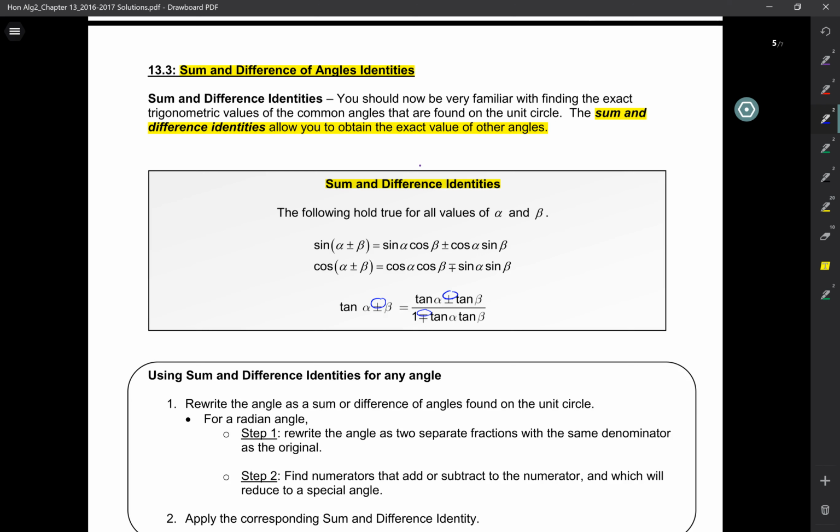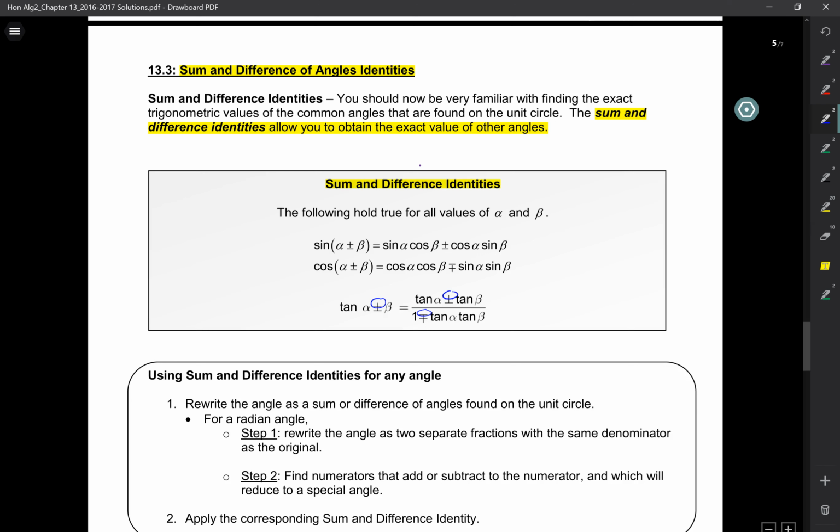Because you could also have tangent of alpha minus beta, in which case it would be minus here and plus there. You have plus, plus, minus here, and then minus, minus, plus. So the top two are the same, the bottom one will switch.